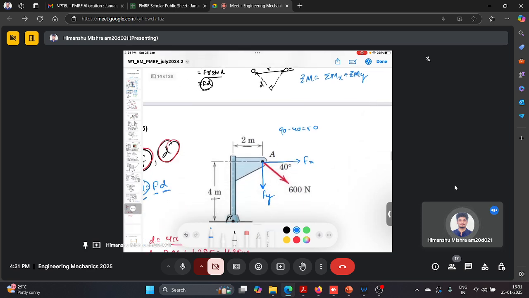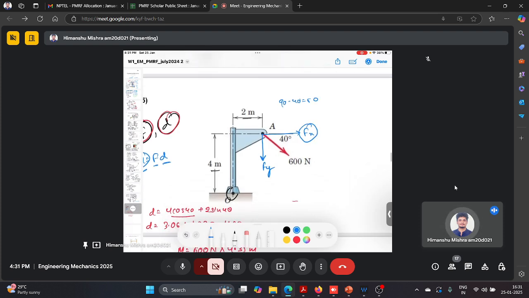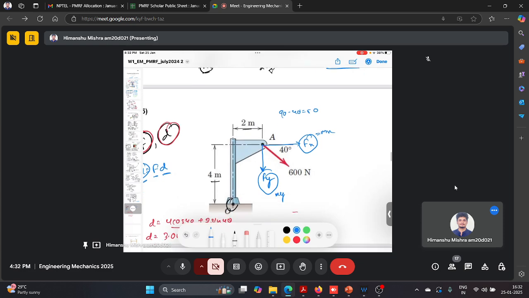We need to calculate the moment due to this force, which is Mx, and the moment due to this force, which is My. From the Varignon theorem, it will be just the summation of moments. First you need to define the perpendicular distance. Earlier we defined this perpendicular distance for the 600 Newton force. But now we are not considering this 600 Newton force; we are considering the components of this 600 Newton force.